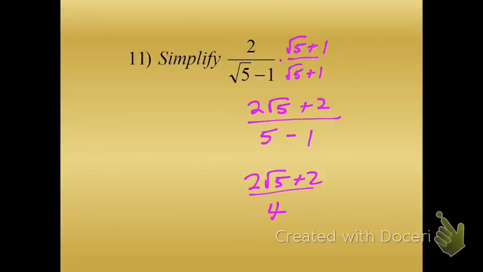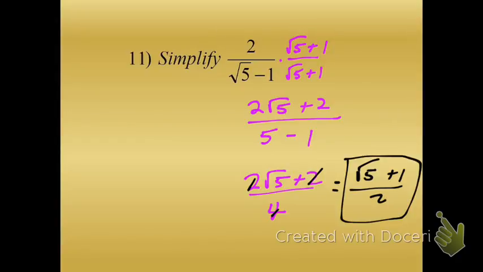And if you notice, there's a factor of 2 which you can cancel out from all three of those. So you have just a square root of 5 plus 1 all over 2. Okay, so very important to take that slow, or make sure at the end there you can reduce those if they can. Like I said, if they can't, then that's all you get.